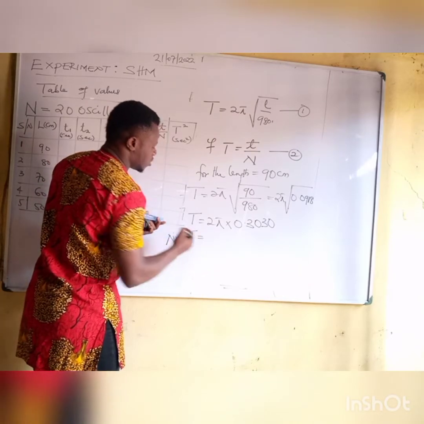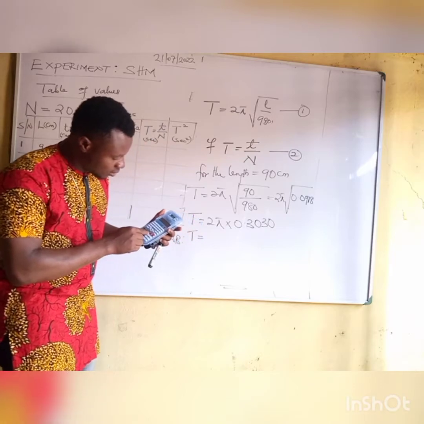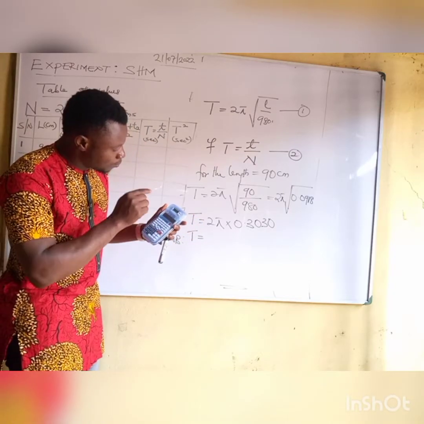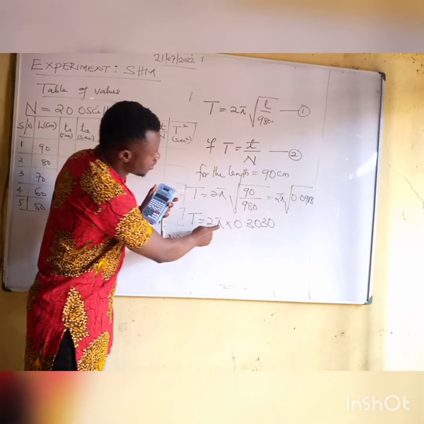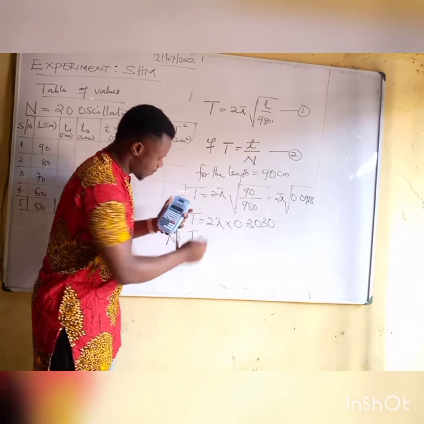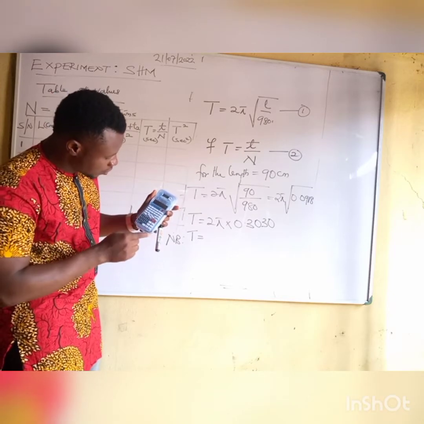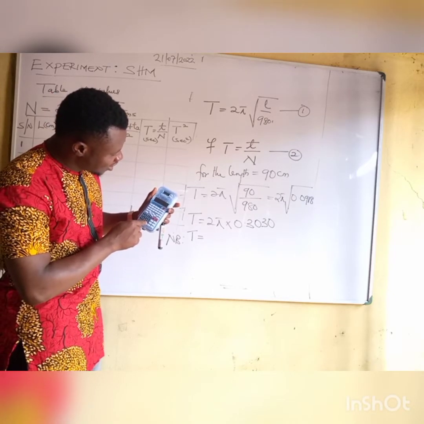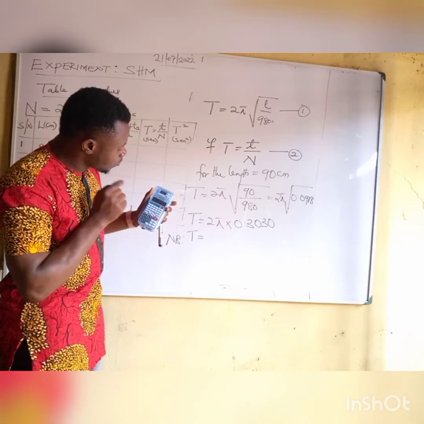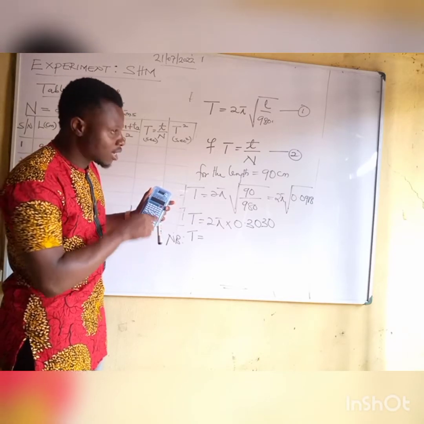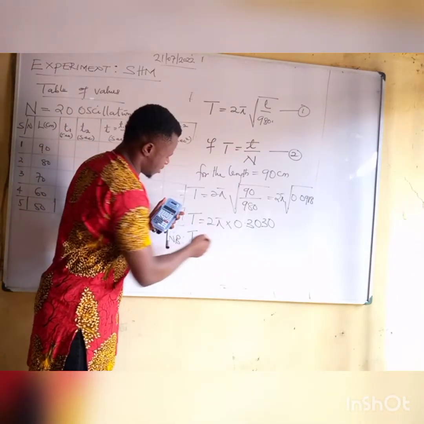If you are using your calculator, how do we do it? Just multiply, press times 2. Then if you want to get this π, you press shift, then press the exponent key, EXP. Once you press it, you are going to see π. That is 2π times this value.